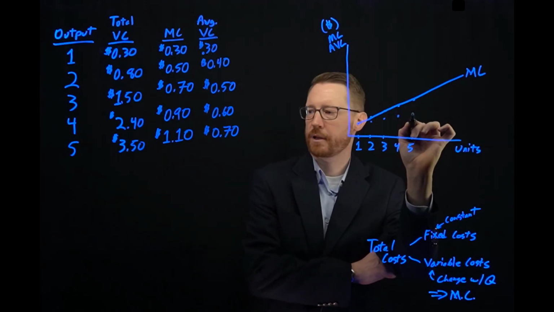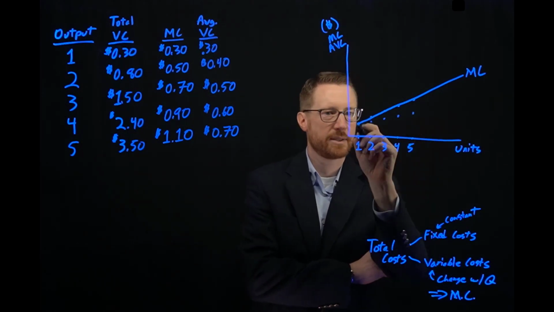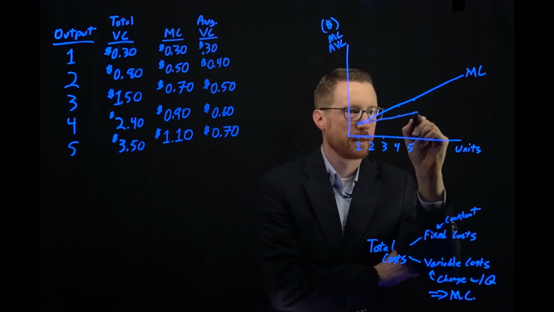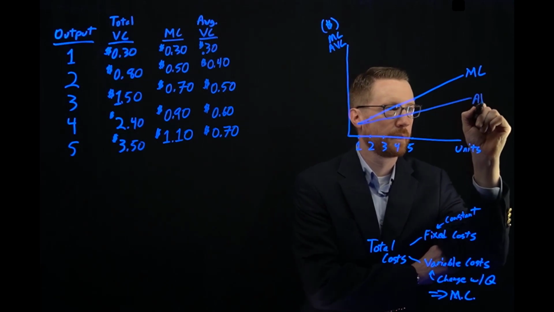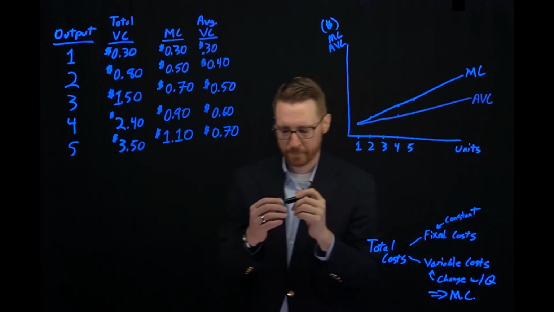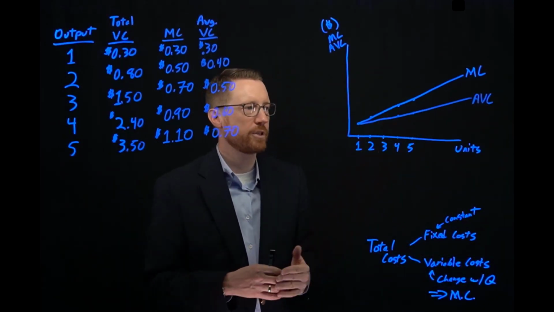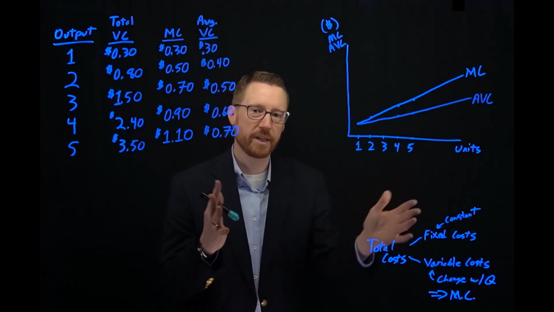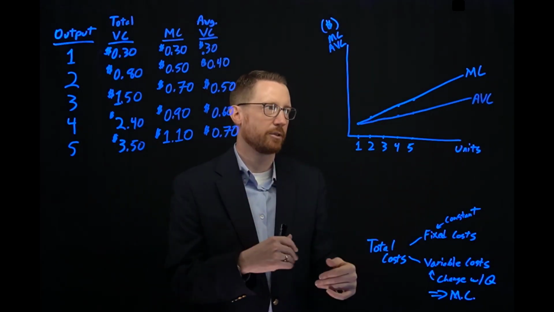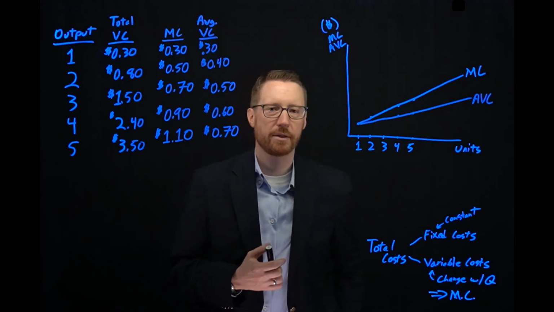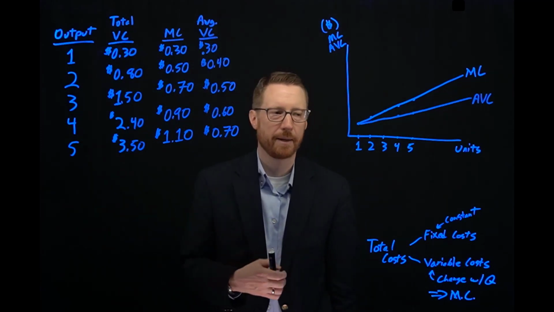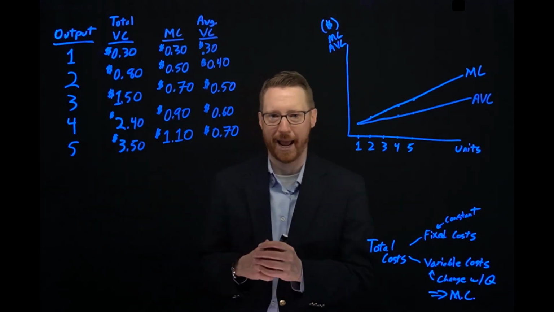At 5 cups of coffee, it was 70 cents. So notice that our average variable cost is increasing as the number of units increases, just like marginal cost, but not as quickly. So why is that?